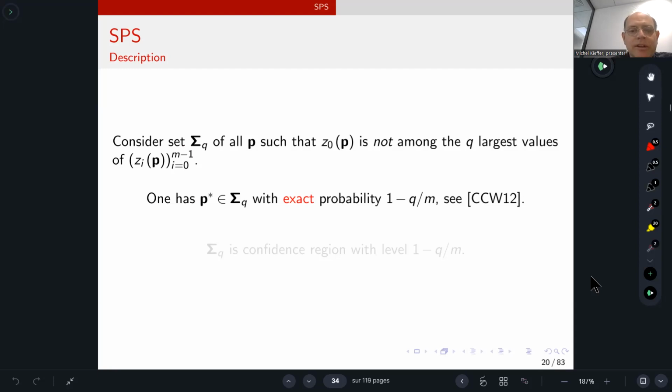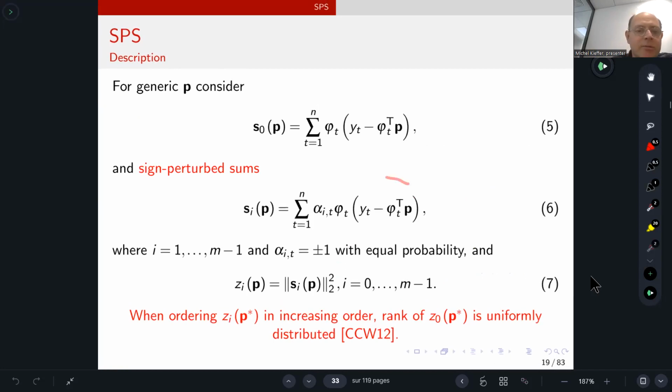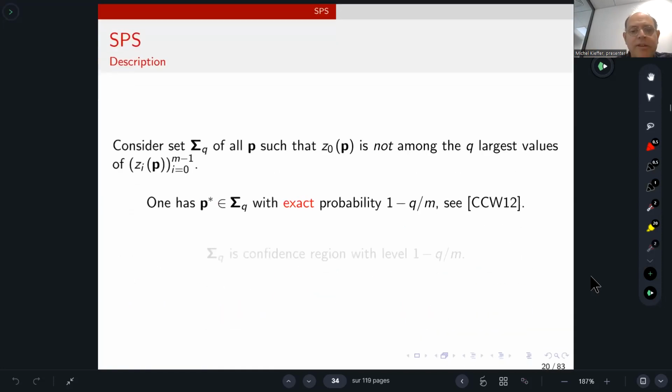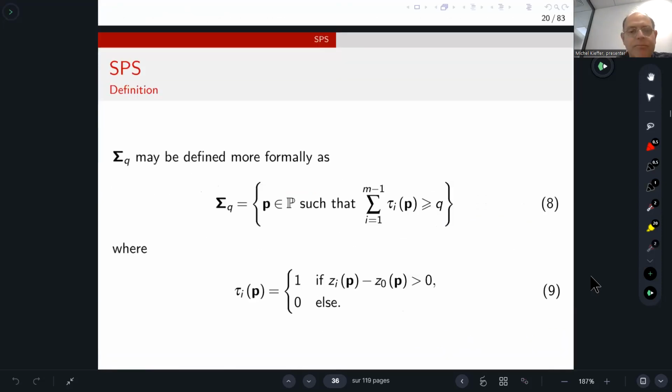So q, you select all values such that Z0 is not among the q largest values, and m is simply the number of random sums that you have considered. So with this, by a proper selection of q and m, you are able to define a non-asymptotic confidence region with level 1 minus q over m.